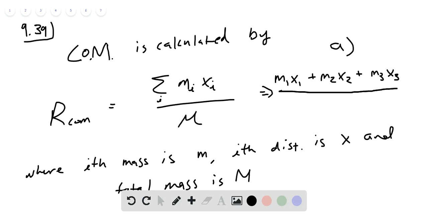And then I would divide by the total mass, which here would be M1 plus M2 plus M3, right? So you can see each individual position has a mass associated with it, and you basically want to sum up all the possible masses and distances that are attached to each other, and then you want to divide by the total mass.